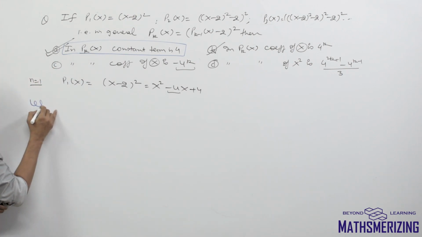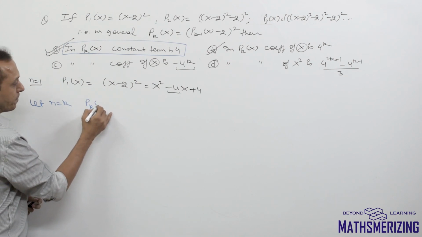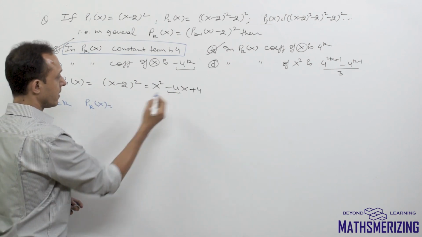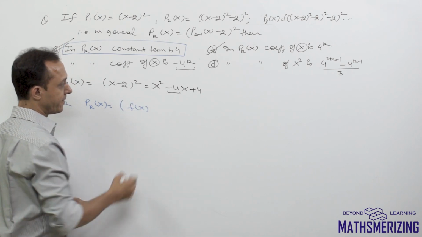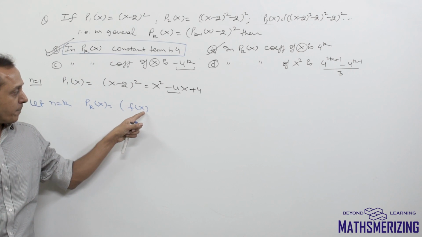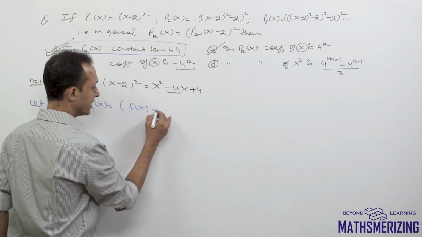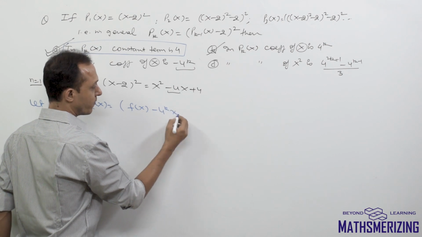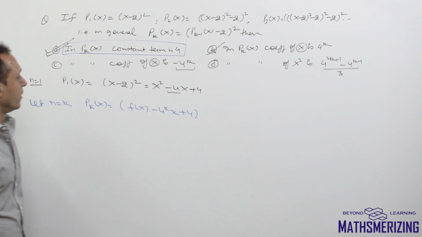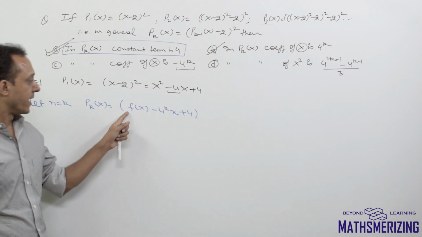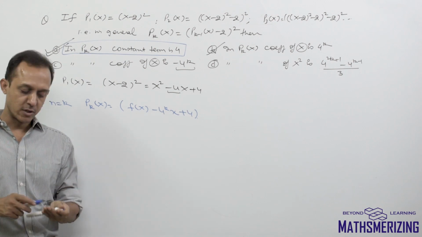Now I'll let it be true for n equals k. So I'll assume for pk(x), the coefficient of x will be minus 4 to the power k. It'll be some polynomial function f(x) for the higher degree terms, square and all the higher powers, and then I'll assume minus 4 to the power k times x, and we know that its constant term is simply 4. So I expect pk(x) as f(x) minus 4 to the power k x and then plus 4.